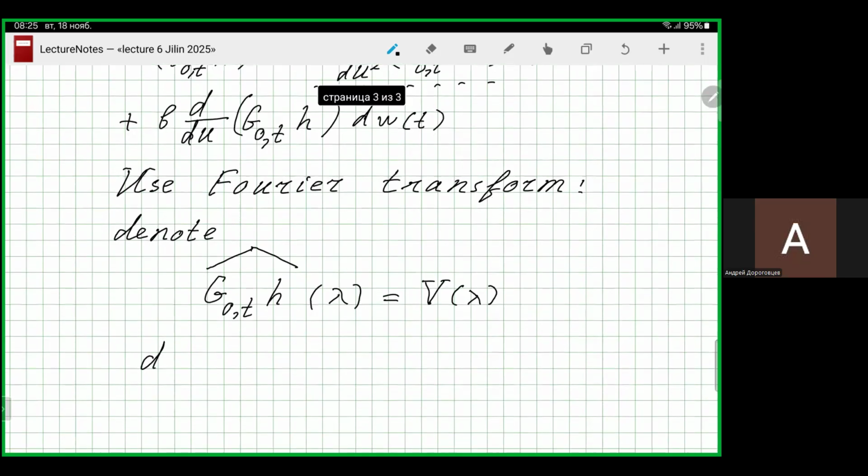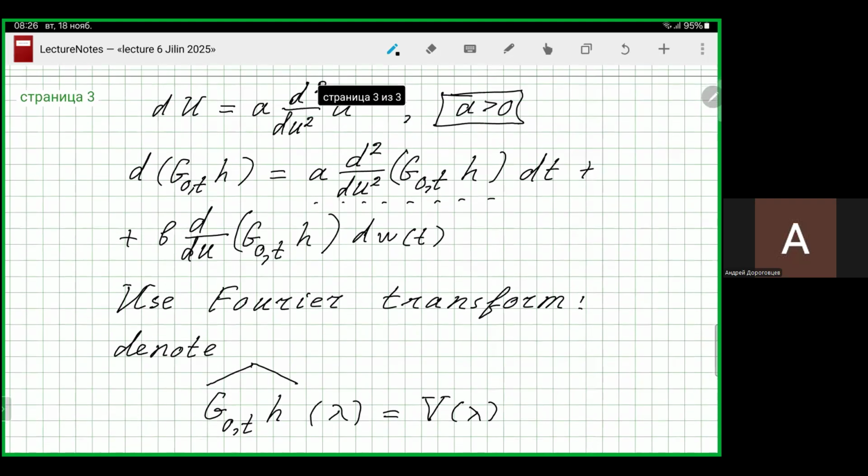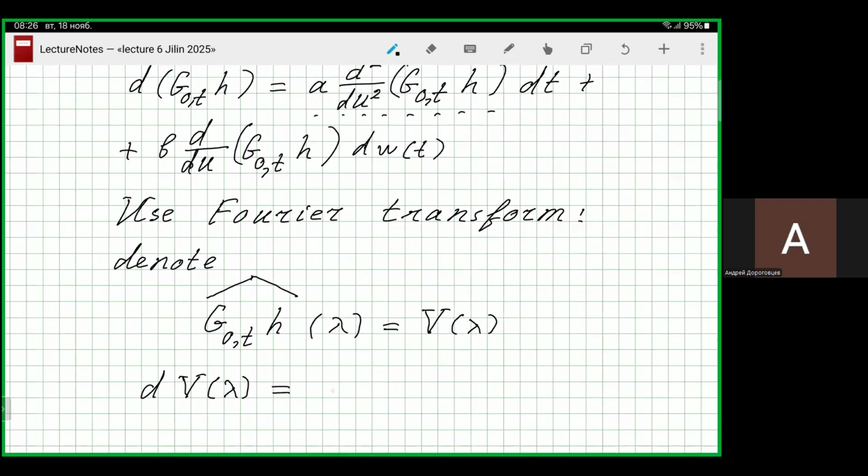dv of lambda will be equal to, we have here a multiplied by the Fourier transform of the second derivative.